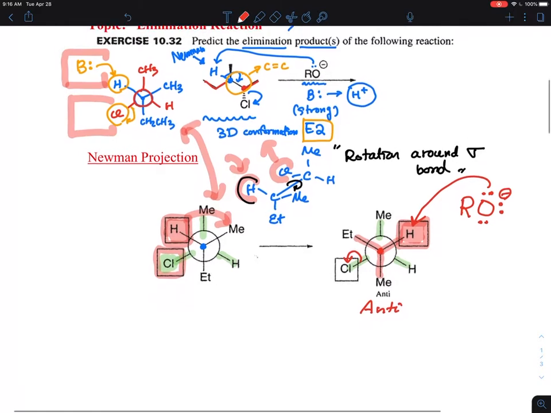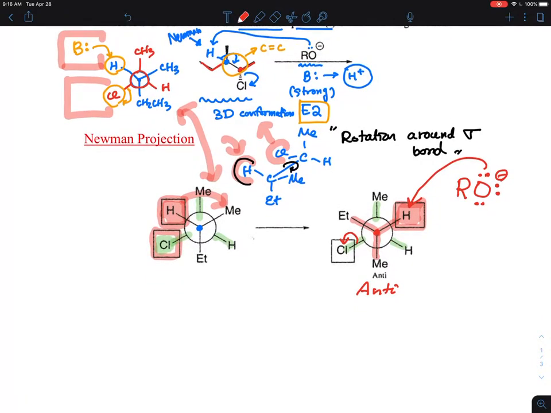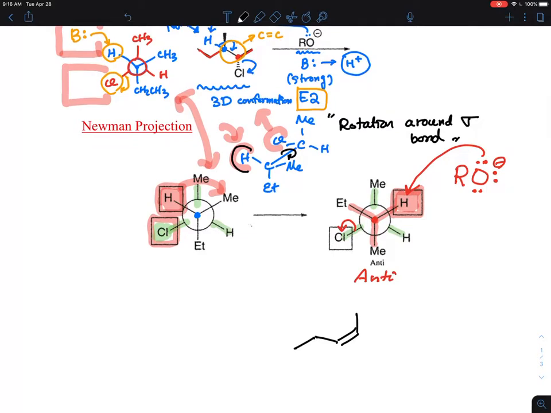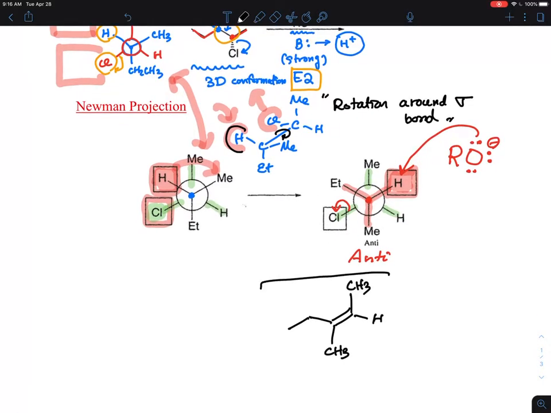Based on this, now we can start to write it: this is a front carbon, so there's a double bond, but it looks like an ethyl and a methyl on the same side, right? And this one here is methyl. So this is like CH3, and that's an H, that's an ethyl, right? So that's what the compound is about. This is the final product.